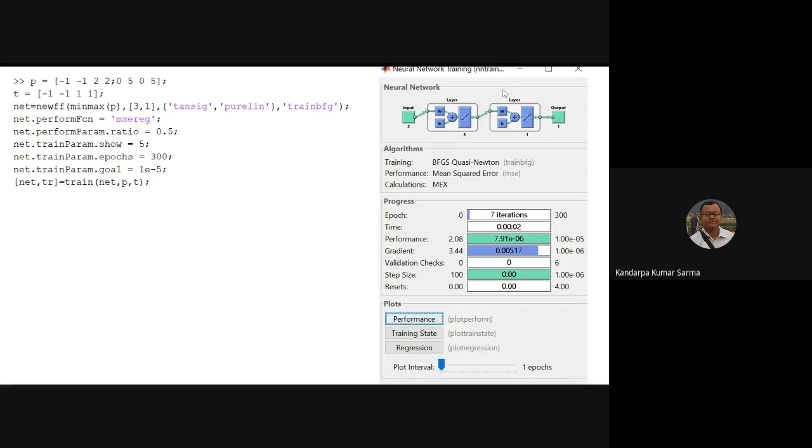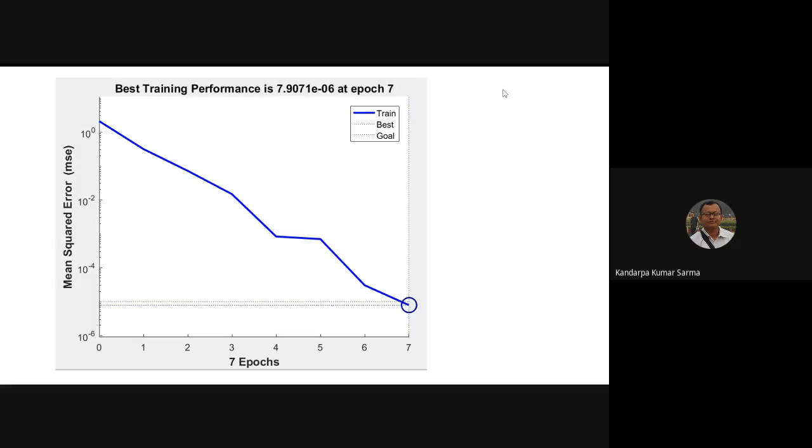So here is one such depiction. We have used the train BFG method. We see that iterations are taken to reach the performance goal of 10 to the power minus 5. We can see further that this training convergence graph crosses the desired limit of 10 to the power minus 5 within 7 epochs, quite satisfactory.